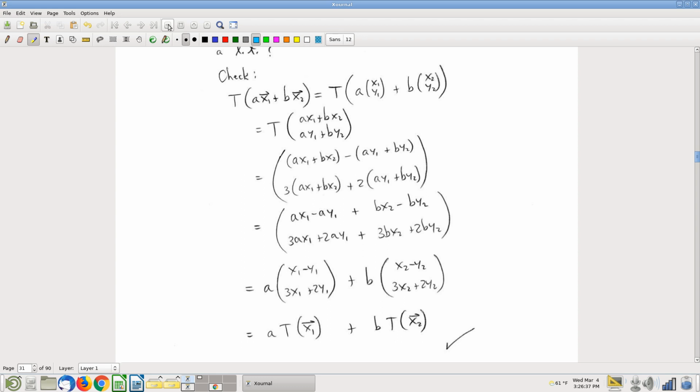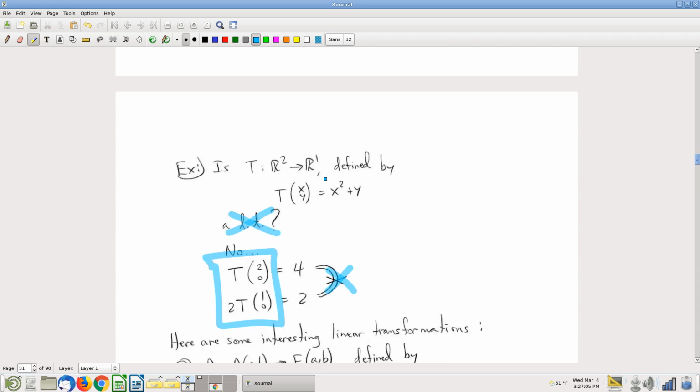To show that something always works, you've got to make a general argument. To show that something does not always work is not the same as showing that something always fails. So to show that something does not always work, you just need to find a counterexample. And so proving something is a linear transformation is kind of harder in general, and proving something is not a linear transformation tends to be easier because, well, just find any counterexample. So keep that in mind.